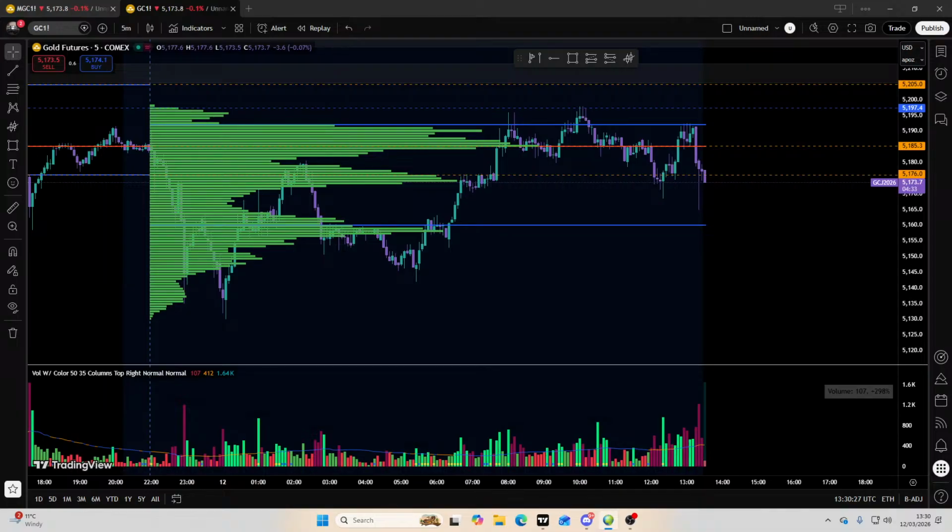Can we get this price? This price would be really good. Because, okay, the only reason I'm reluctant to buy from this spot, I want you guys to look at this. Here's the top of the distribution. That's the distribution. And you know what they say, structure within structure. So this is the big picture, this is the small picture.